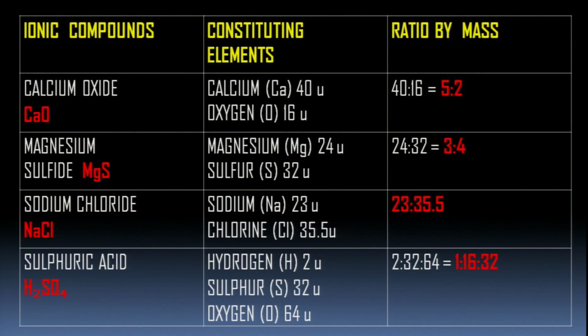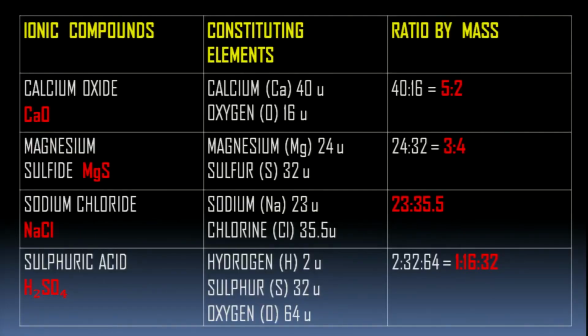Hydrogen, sulfur and oxygen. Hydrogen, H2. 1 atom of hydrogen has atomic mass 1. So, 2 atoms of hydrogen will have 2 unified units. Sulfur, 32 unified mass. Then, O4 is there. See children, O4. 1 atom of oxygen has mass 16. So, 4 atoms of oxygen will have 64 unified mass.